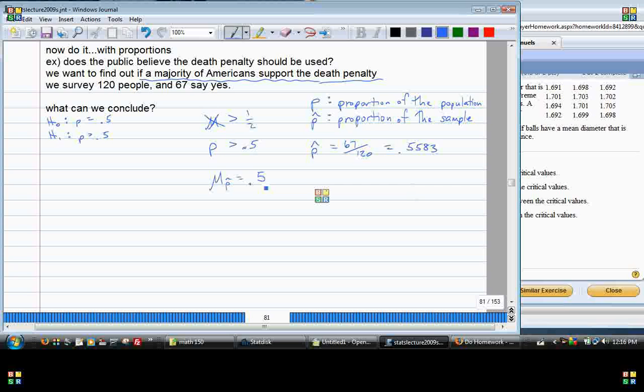Now what else do we need? Right, and what's the notation for the standard deviation? Sigma for p hat. And how do we find that? Right. This is that formula.